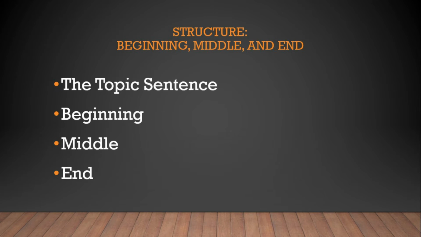A narrative paragraph has a beginning, a middle, and an end, but it also needs a topic sentence. What is the topic sentence? Well, the topic sentence is the first sentence in the paragraph, but it is not the beginning of the story. It's at the beginning, but it is not the beginning.